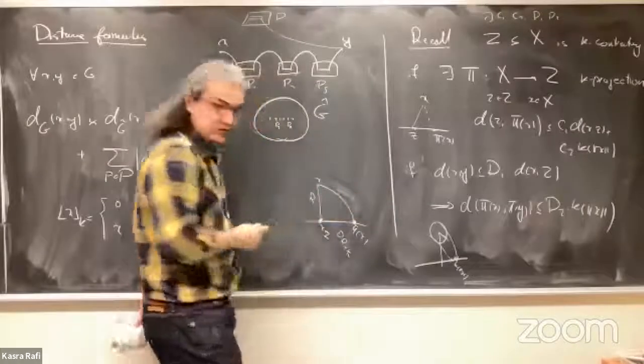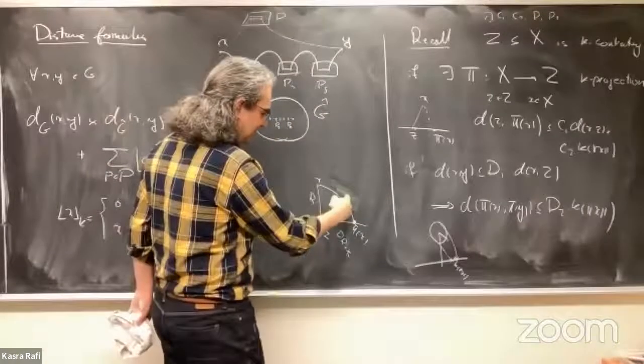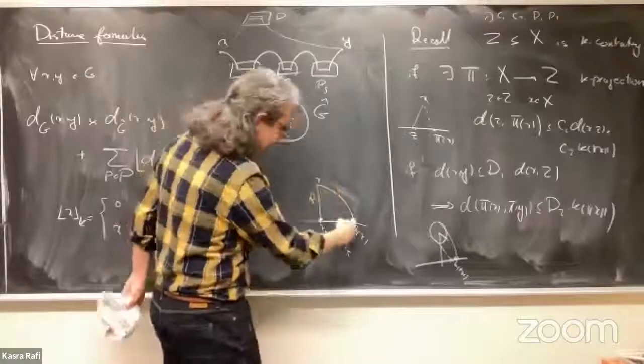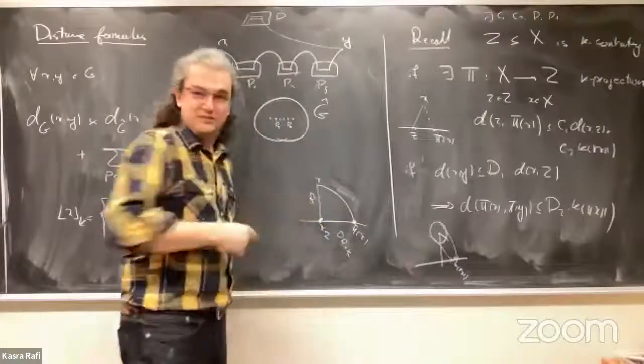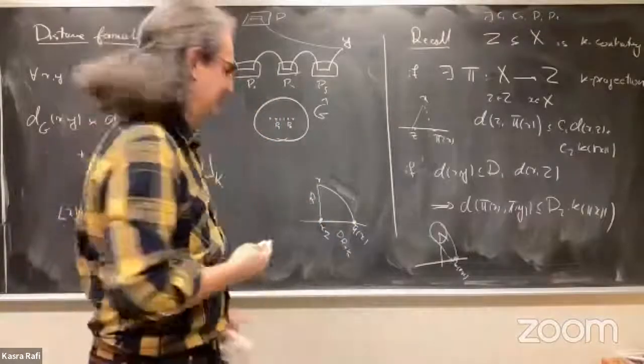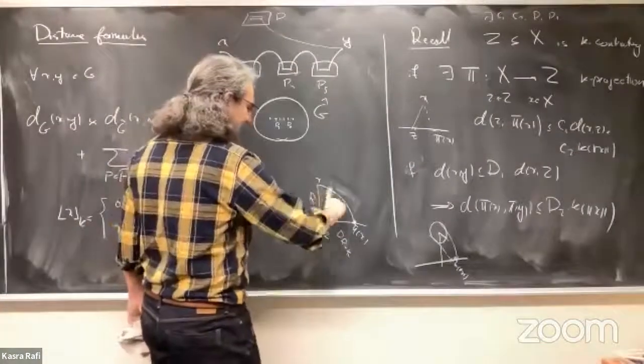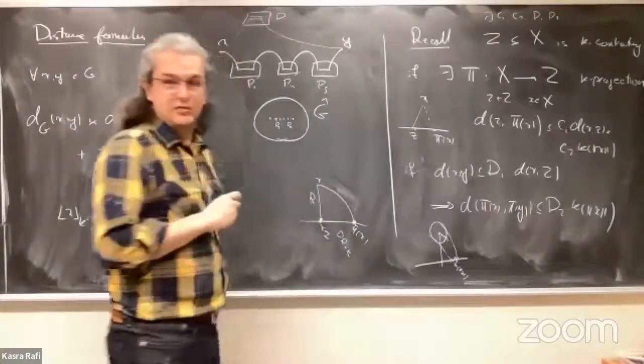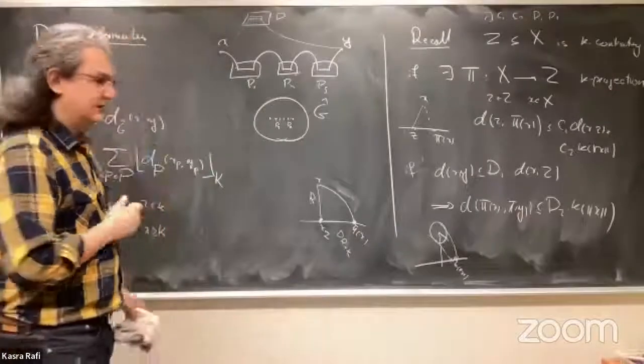Okay, never mind. If this is d plus 1, if you know this one, you can add another linear factor and find the other one. So it's all linear. That's correct. So the lengths of these two are linearly comparable to each other, up to some kappa.